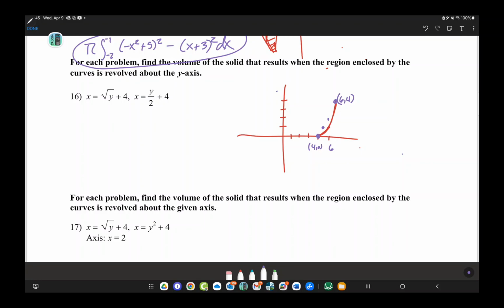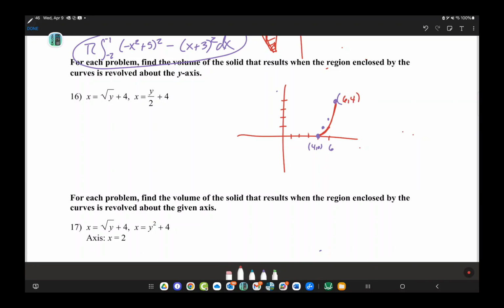Really? That's true. So it should give me 7. Sorry, 4, 4. Can't be 4, 4. It's 4, 6. That's what I had backwards. 6, 4.